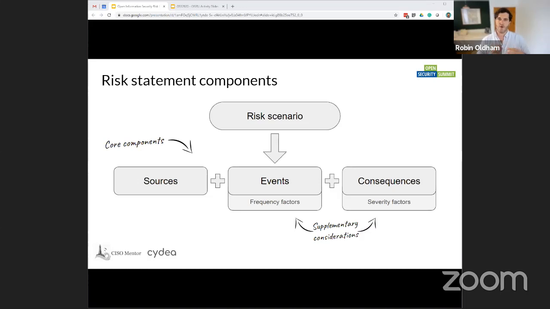We've got a whole load of sources, the actors or instigators that may lead to cyber risk; events and the conditions that need to be present in order for that risk to be realized; and consequences, the possible harms that presumably you want to avoid in your world. And there's a couple of supplementary things to consider and guide you: a set of frequency factors that might affect how often an event occurs, and severity factors that may drive the level of consequence that you experience in your organization.